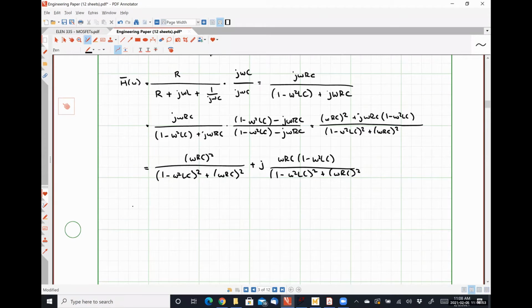the magnitude of H of omega is the square root of the real part squared plus the imaginary part squared.